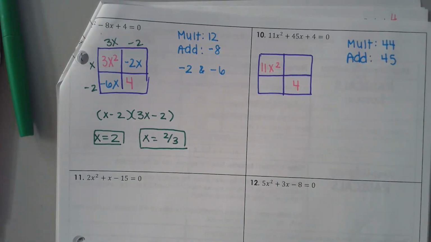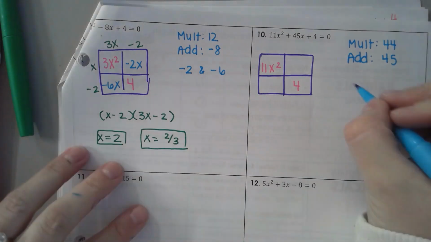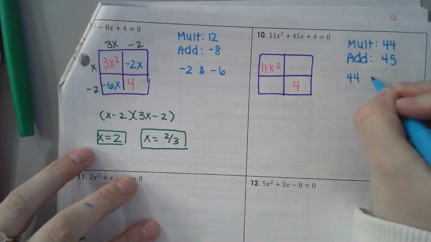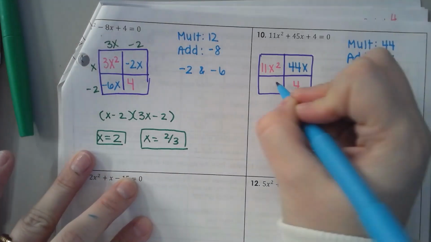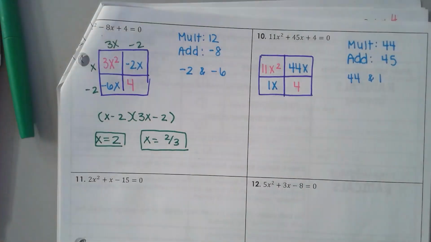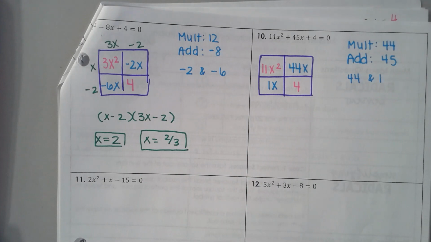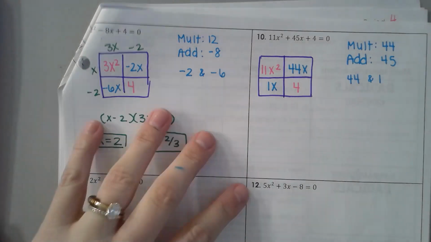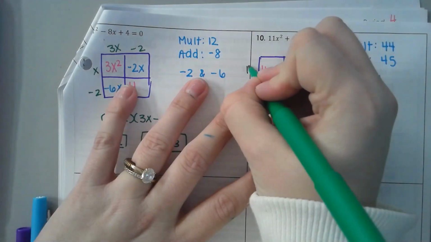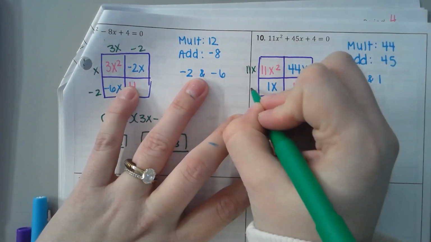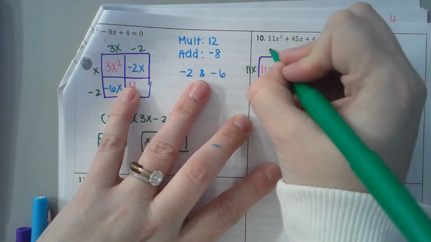What two numbers multiply to be 44 and add to be 45? 44 and 1. So we'd have 11x and 1, x and 4.